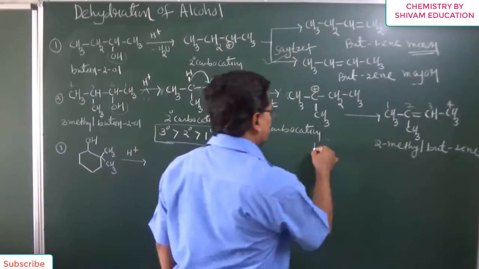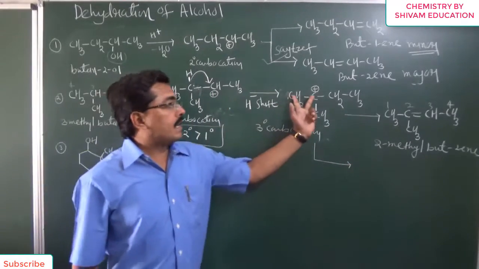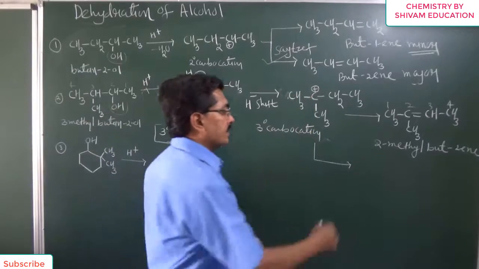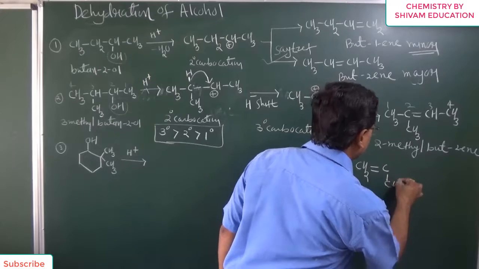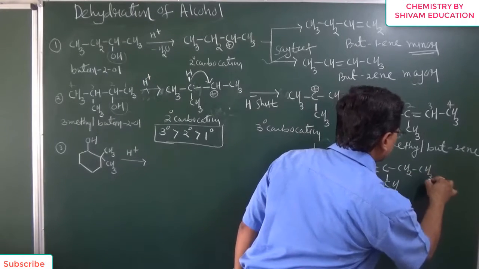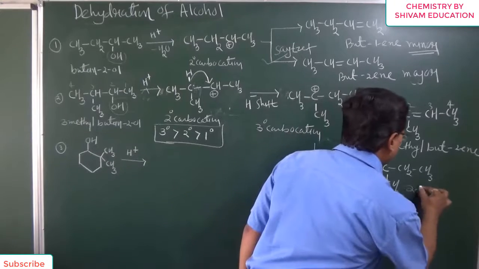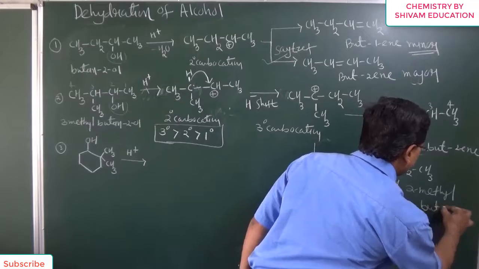Now here suppose hydrogen is removed from this carbon atom, then we get this product CH2 double bond C CH3, and we get here CH2 CH3. This is the name of this product, you know well, 2-methylbut-1-ene.